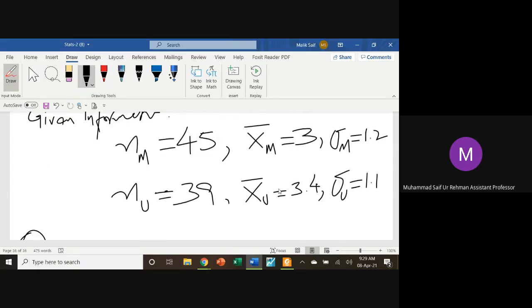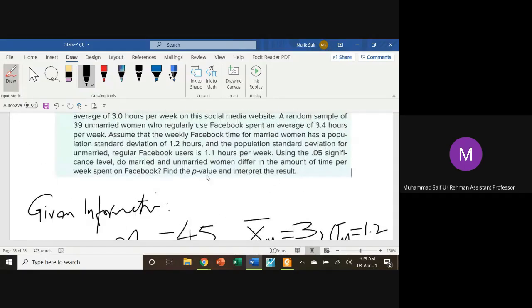Now you have to read the final statement, which will help you in constructing the alternate hypothesis. Do married and unmarried women differ? The word differ is there. It means that we are not interested in knowing whether married women are spending more time on Facebook, or unmarried women are spending more time on Facebook.